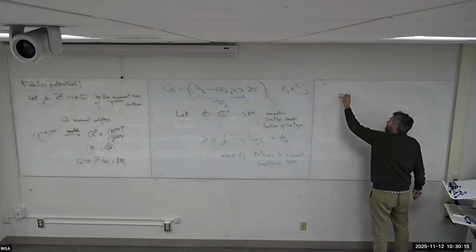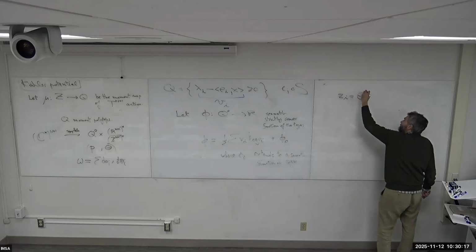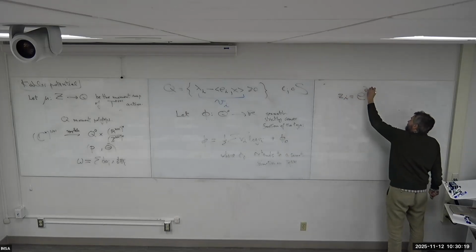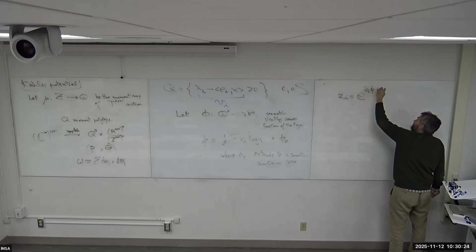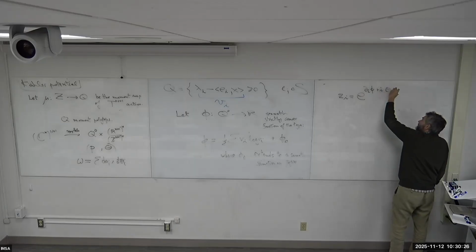z_k is equal to e to the partial derivative of phi with respect to x_k, plus i theta_k.